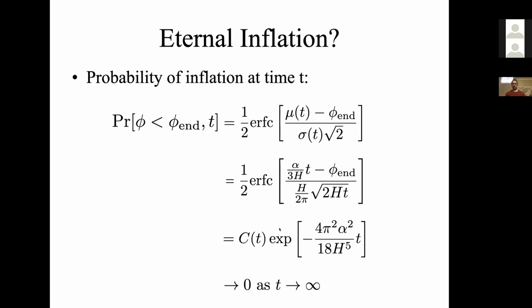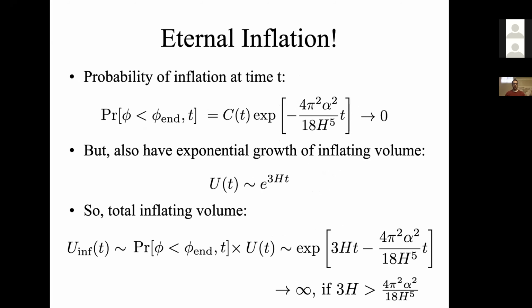So you might look at this and say, well, it looks like inflation is going to end after finite time with probability 1. What do you mean by saying that we have eternal inflation? But the point here is that you need to remember that although the probability of inflation for a particular observer may be going to 0 as t goes to infinity, we also have this competing effect, which is the exponential growth of the universe.